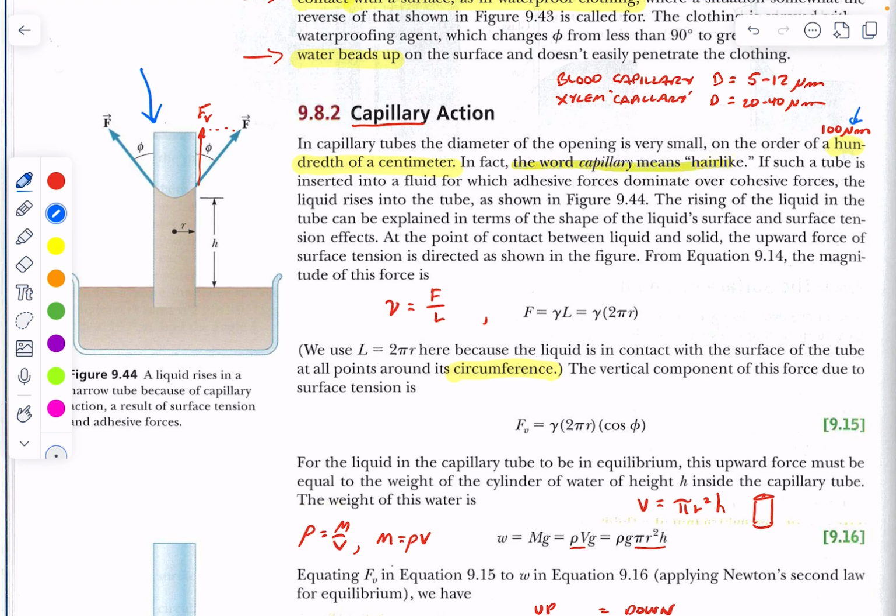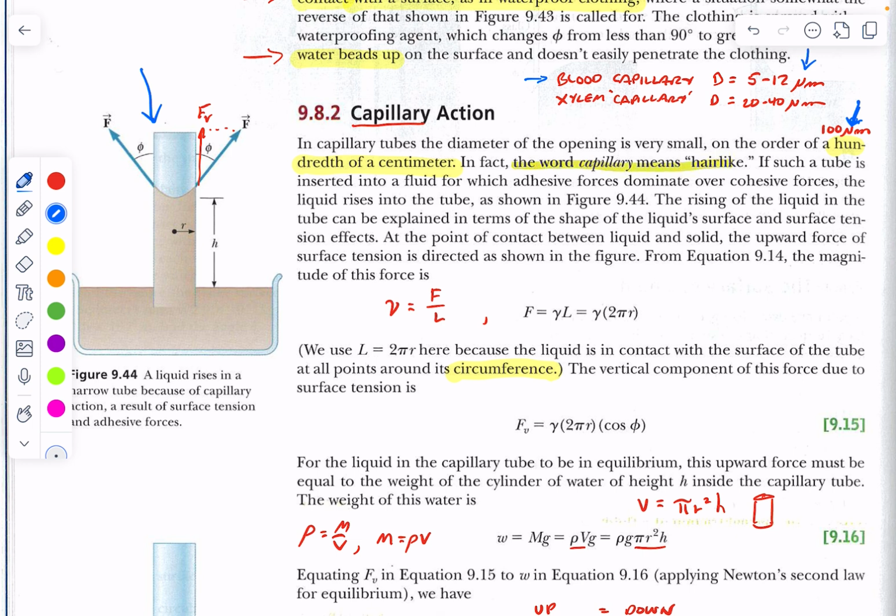Now, biologically, you have blood capillaries, or small vessels through which blood naturally moves. And as the blood goes through, those capillaries are so thin, the blood can only go through one red blood cell at a time. They're that thin. And so instead of being 100 micrometers, they are 5 to 12 micrometers.